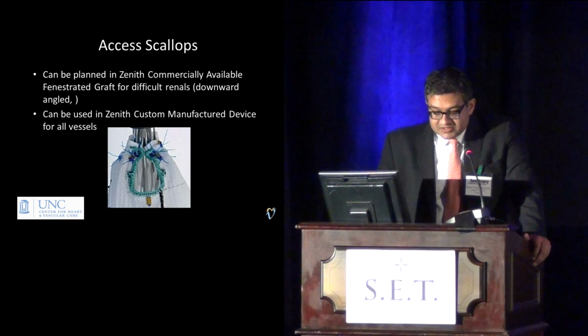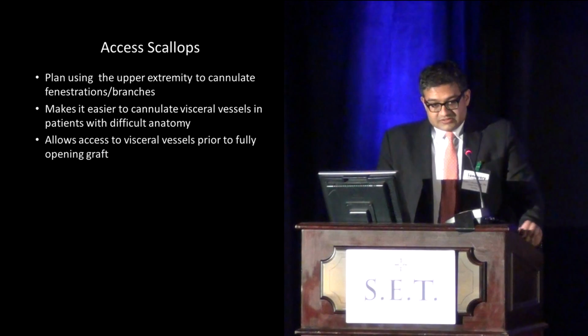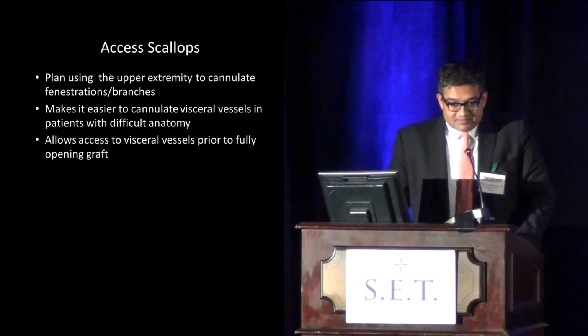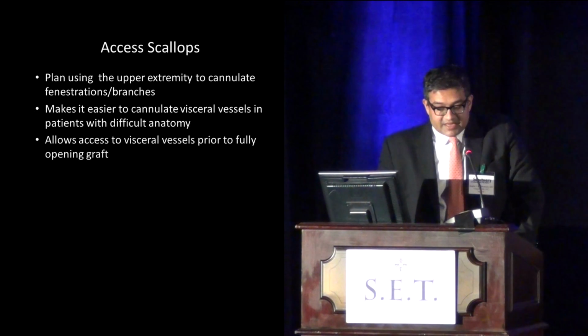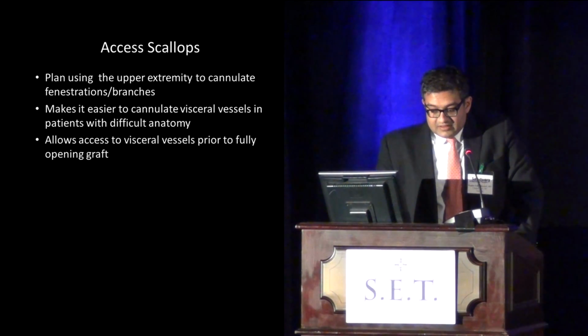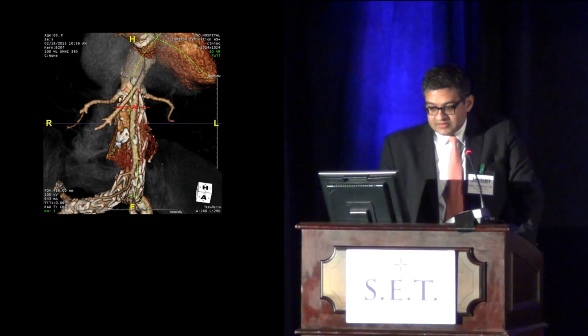And this could also be used in the Z-Fen device as well as the custom manufactured devices that are now available in IDE trials throughout the country and outside the United States. So what an access scallop basically allows is the plan of using the upper extremity to help cannulate these vessels, and it allows access to the vessels prior to fully opening the graft.